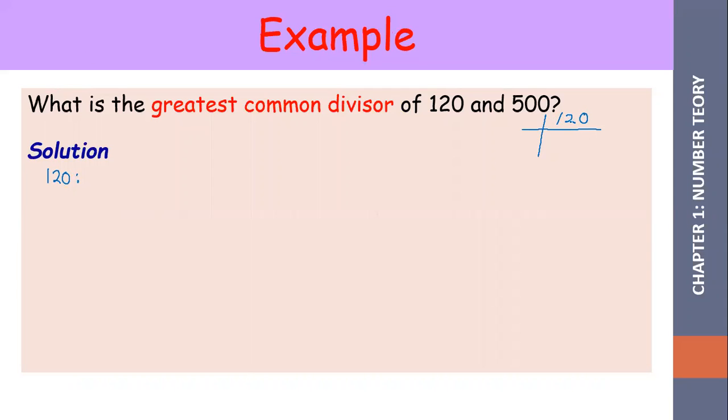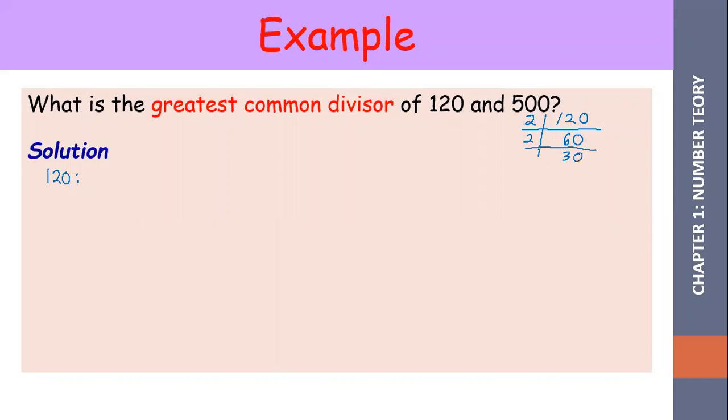So 120 divided by 2 lah, smallest. You got 60, right? 60 can be divided by 2, 3, or 5, but I say use the smallest prime, so 2 again.